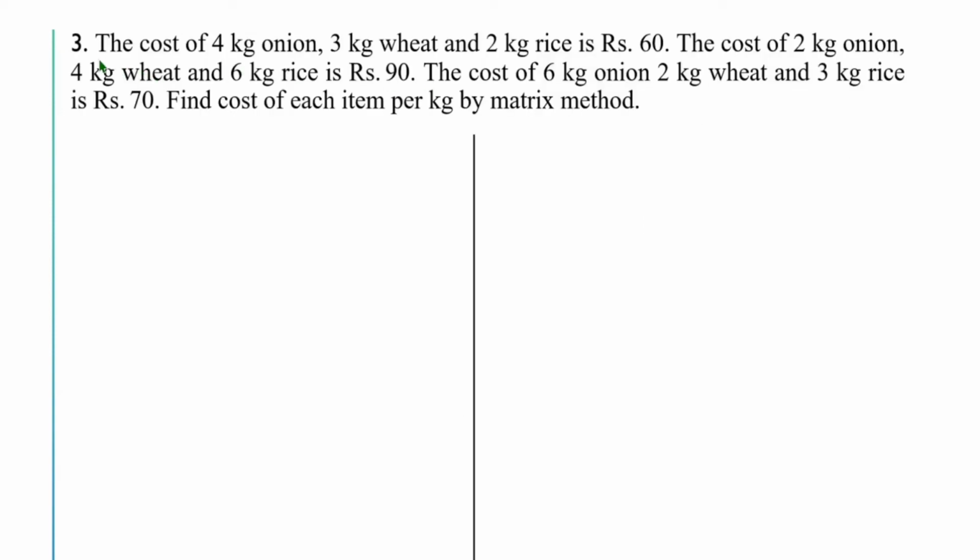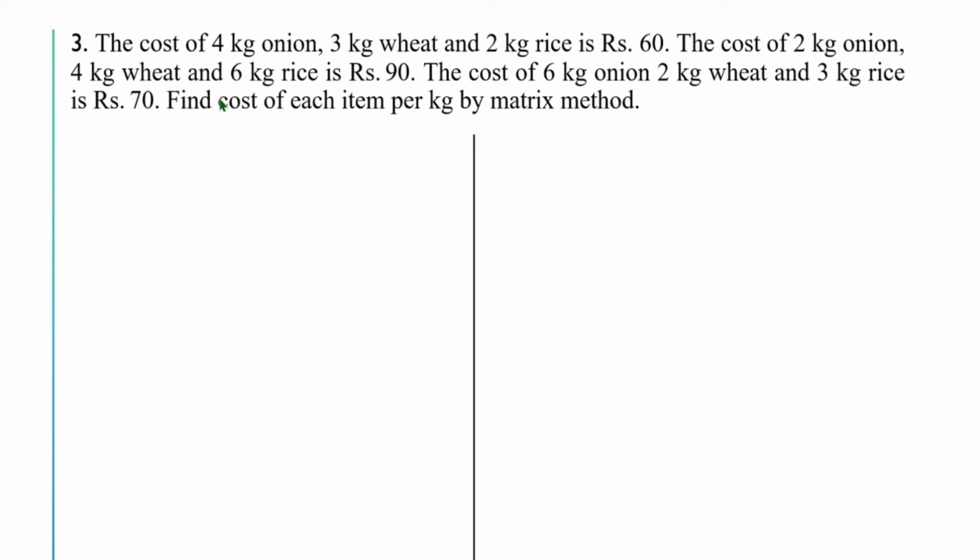Next question: the cost of 4 kg onion, 3 kg wheat and 2 kg rice is rupees 60. The cost of 2 kg onion, 4 kg wheat and 6 kg rice is rupees 90. The cost of 6 kg onion, 2 kg wheat and 3 kg rice is rupees 70. Find the cost of each item per kg by matrix method.